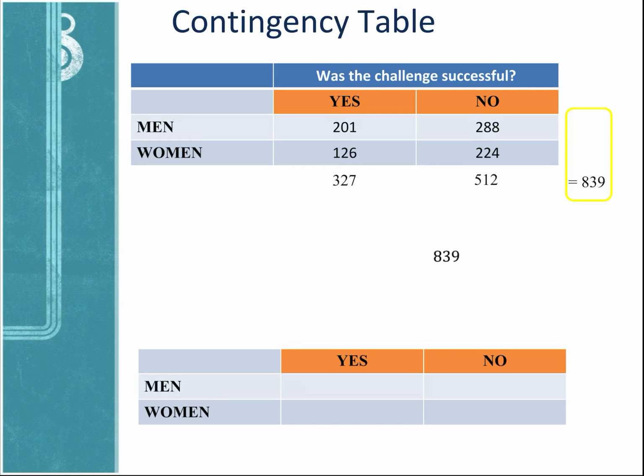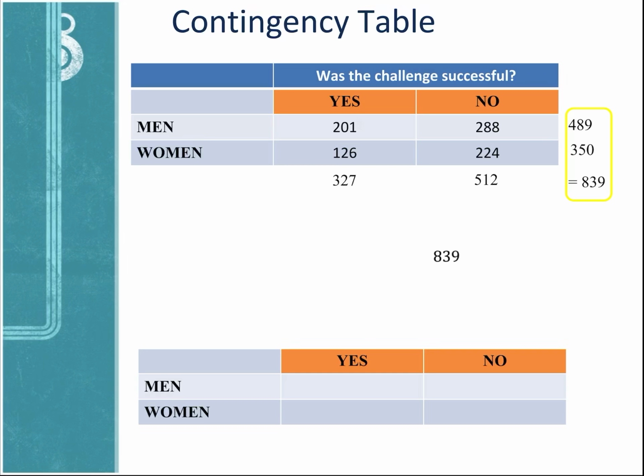And the total for the second column, the nos, 288 plus 224, is 512. I'm going to do the same thing for the rows. Add up the row totals. So 201 plus 288 in the men row gives us 489, and 126 plus 224 in the women row gives us 350.